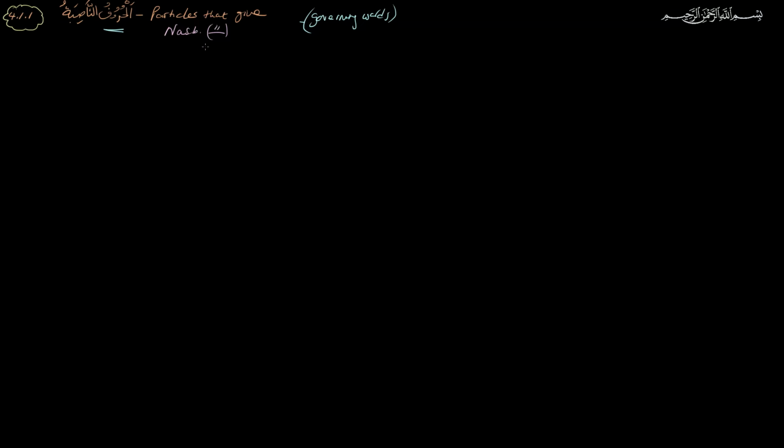In fact, these are particles that give nasab. Lan is one of them, for example. If you have lan, it will make the subsequent word mansub. The particles of nasab specifically are izan, which is sometimes written like this, then k, then lan, and then an.